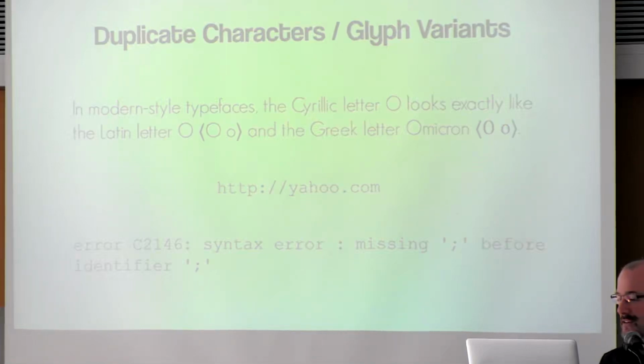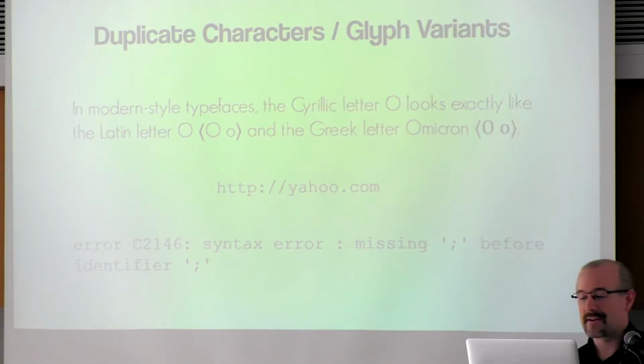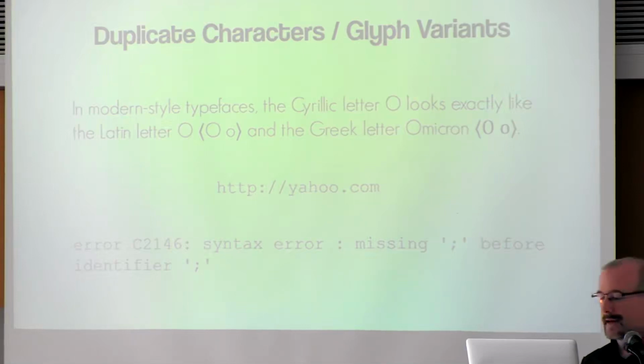In the string you see here, one of those characters is Cyrillic. It looks the same because it's actually rendered exactly the same way. If I were to change the font, you might notice that it does look different in some fonts, but in just about every normal font, it's going to look exactly the same.